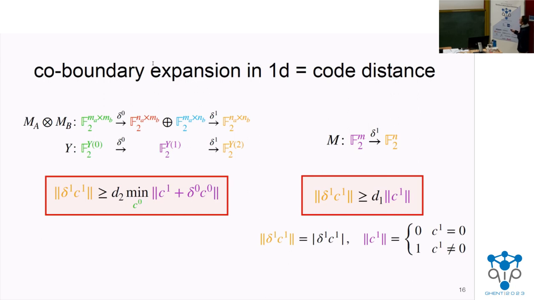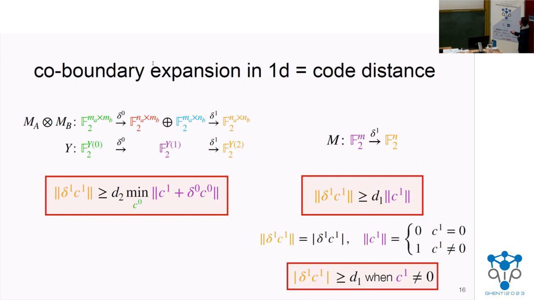Okay. And actually, I haven't told you what this norm is. So here, for this orange vector, this norm is simply the Hamming weight. For this purple vector, the norm is like a binary value, which is 0 when the vector is 0 and is 1 when the vector is non-zero.